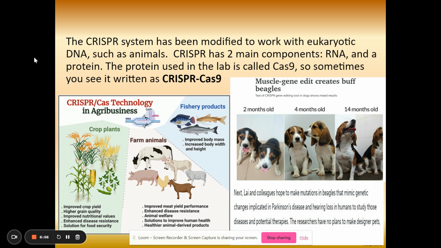But the goal is not just to make a designer pet so that they don't have like bigger, cuter ears. But you can see what they were trying to do here with creating more muscle mass. Those 14-month-old pups, they don't really look like they're completely buff, but some of the things they talked about in the article, maybe why we can't see all their muscle mass is because they have hair.